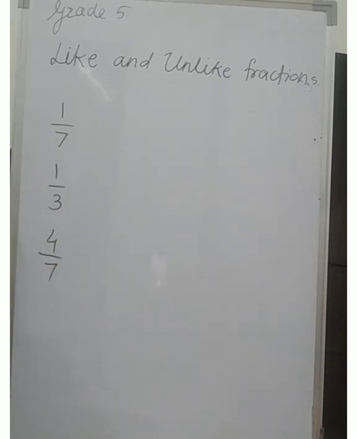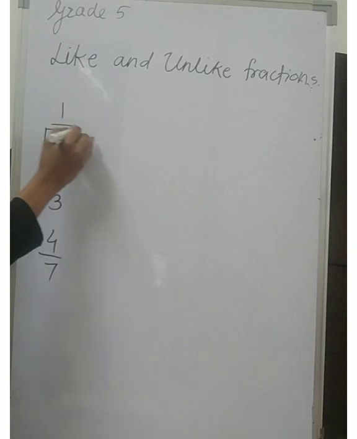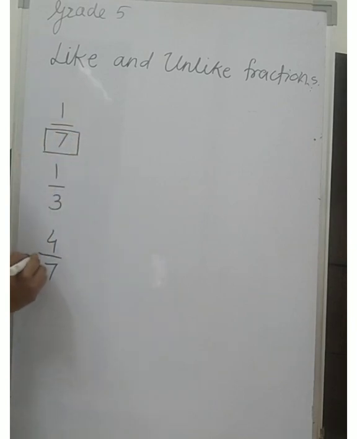Now from these three numbers, there are two numbers whose denominators are the same. That means the denominator here is 7 and here is also 7. Right?